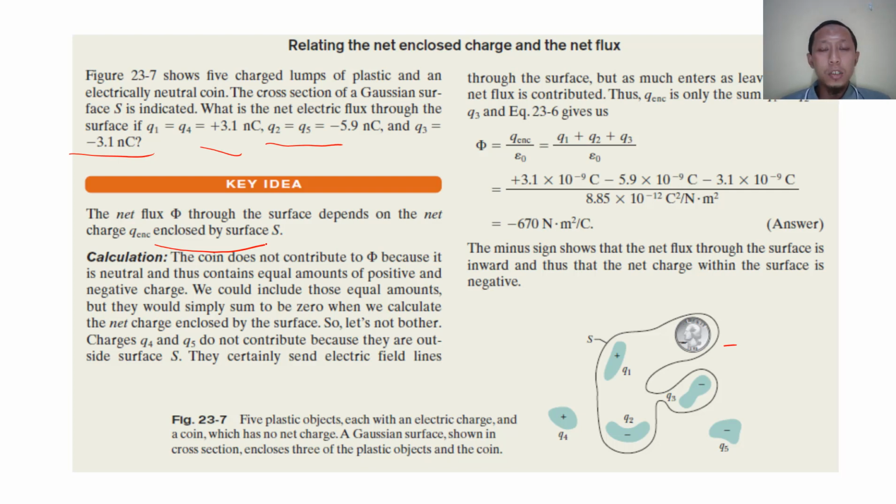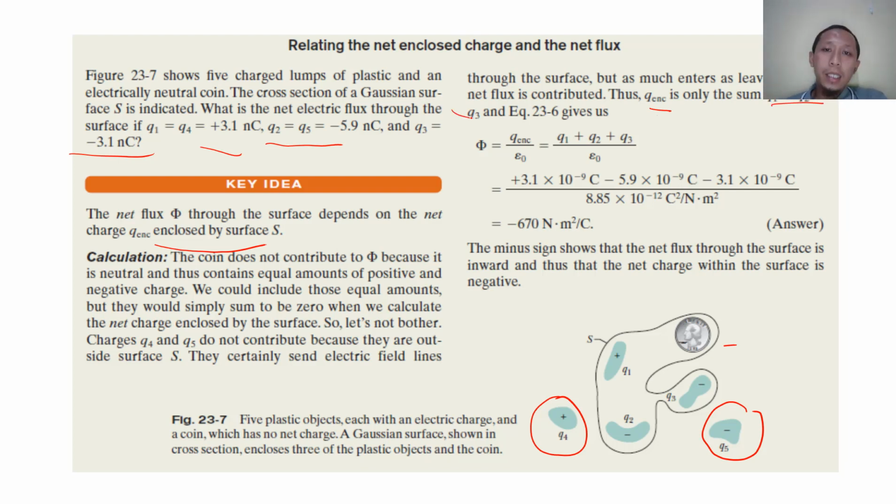So the coin doesn't contribute to the flux because it's neutral. So we just calculate Q1, Q2, and Q3. Q4 and Q5 are outside of the surface, so we also don't include Q4 and Q5. So the q enclosed is only the summation of Q1, Q2, and Q3.